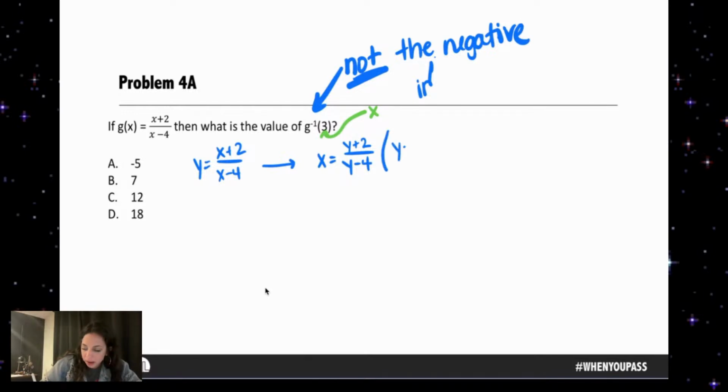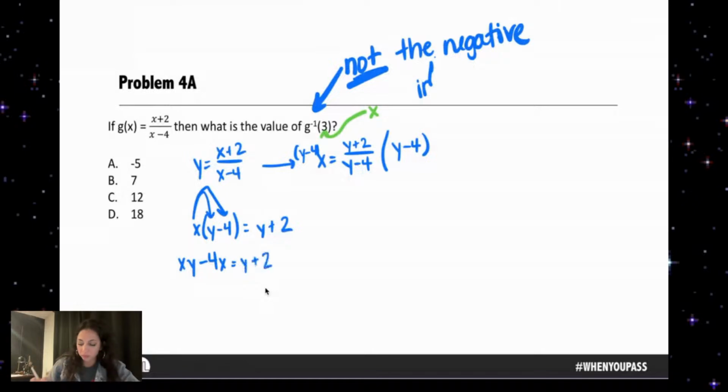So I'm going to multiply both sides by y minus 4. So I have x times y minus 4 equals y plus 2. Then I'm going to distribute. So xy minus 4x equals y plus 2.